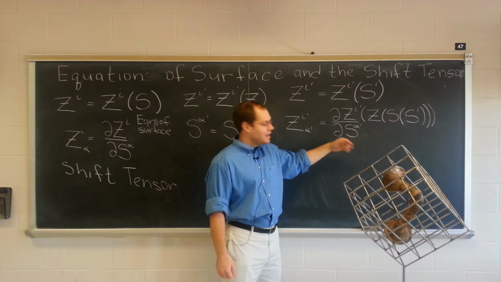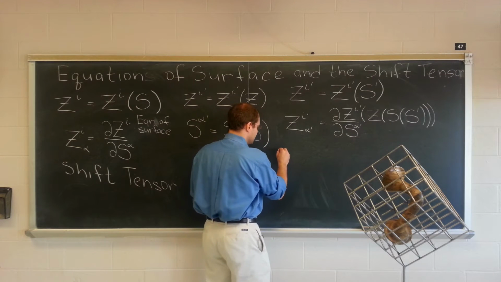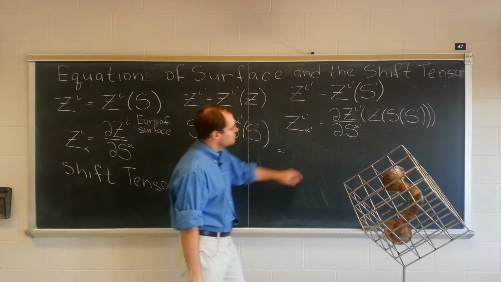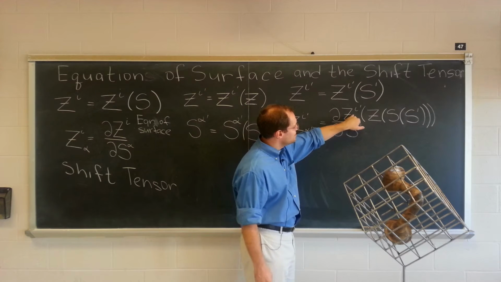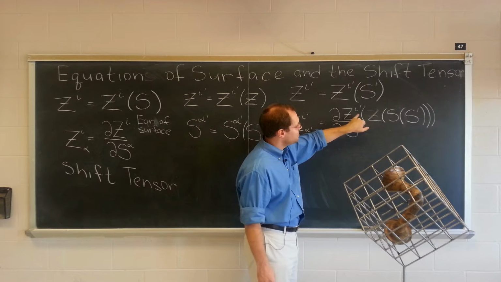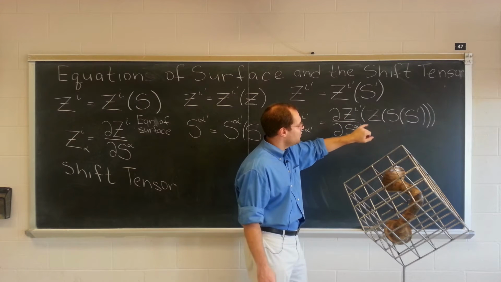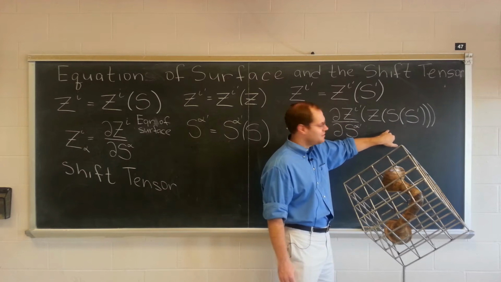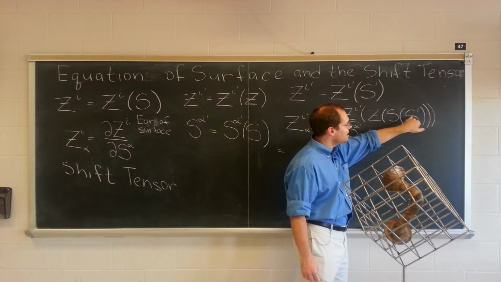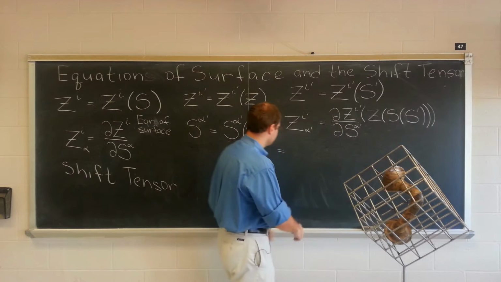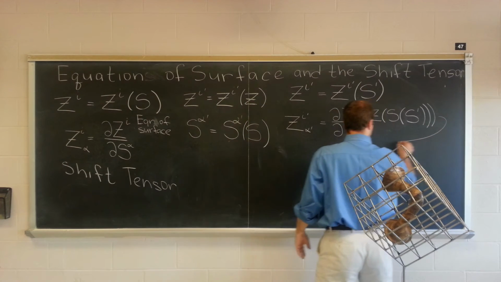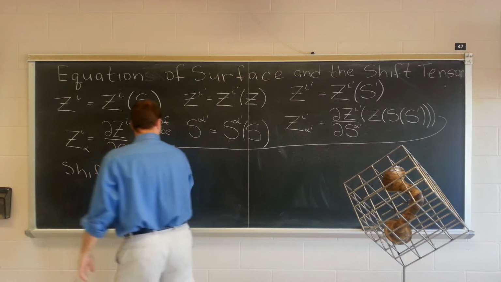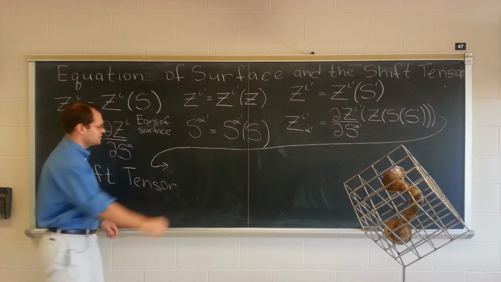And what's coming next is, of course, a repeated application of the chain rule. Because in order to evaluate this derivative, we have to differentiate Zi prime with respect to Zi, followed by Zi with respect to S alpha, followed by S alpha with respect to S alpha prime. So maybe I'll continue here. So the conclusion comes exactly where we want it to come.